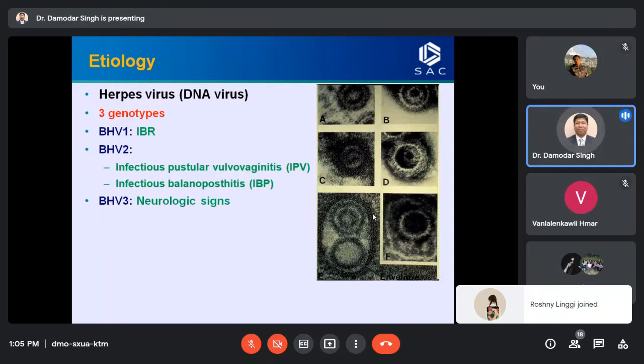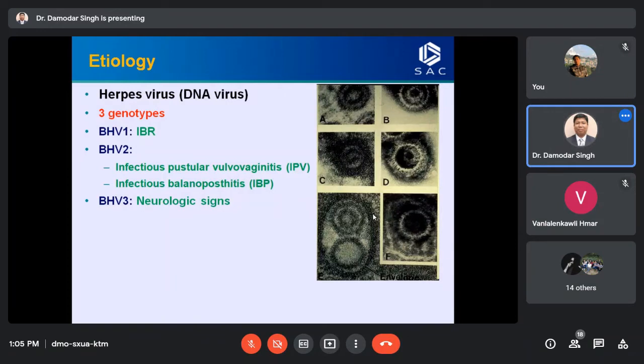Bovine herpes virus 1 is mainly responsible for the respiratory form, IBR.